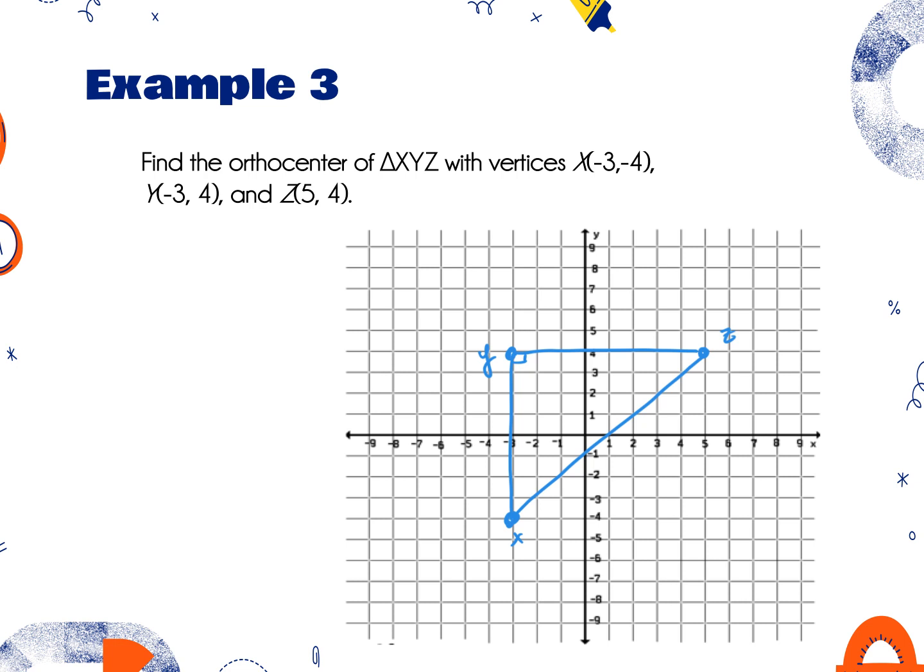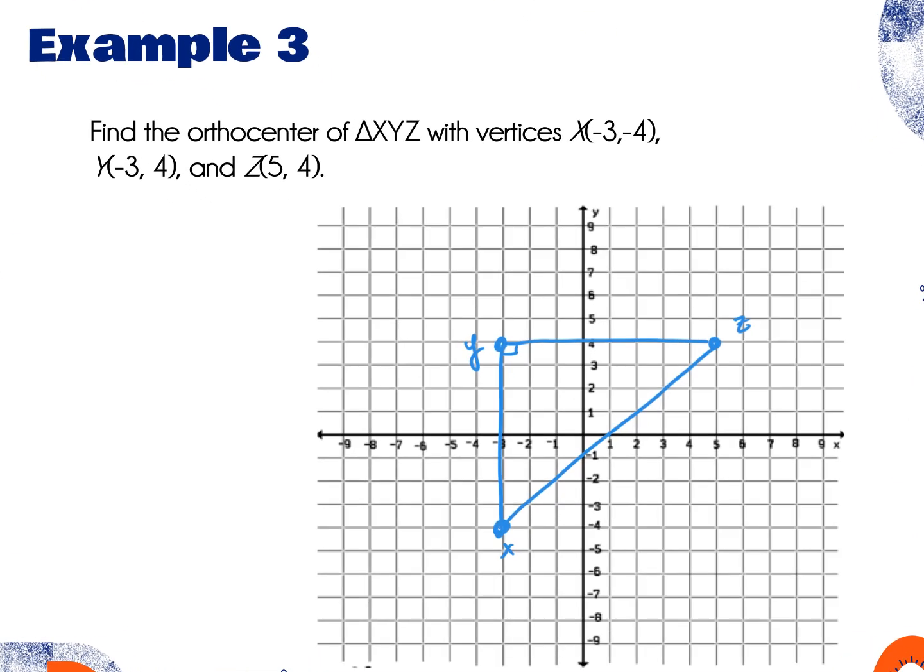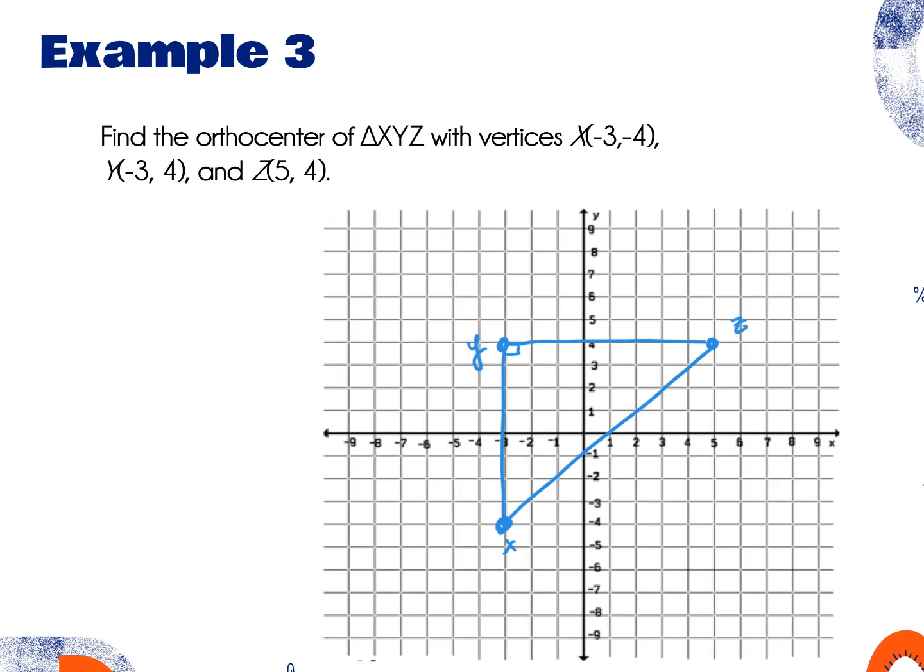Thankfully, when I have a triangle like this, it's easy to draw perpendicular lines from vertices when the lines are horizontal or vertical. Notice if I'm at point Z and I want to do a perpendicular line to YX, well, guess what? This leg is a perpendicular line. So in a right triangle, my two legs are two of my altitudes. So there's one altitude.